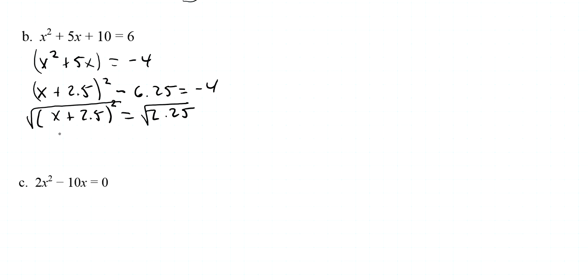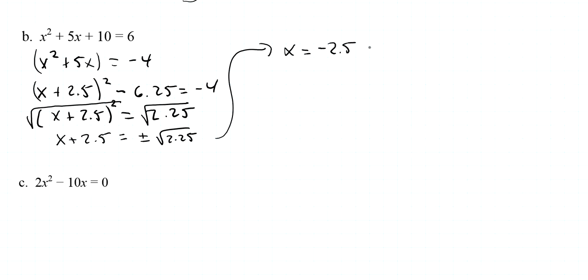And so when we do that, we get x plus 2.5 equals plus or minus the square root of 2.25. And our solution here is going to be x equals negative 2.5 plus or minus the square root of 2.25.